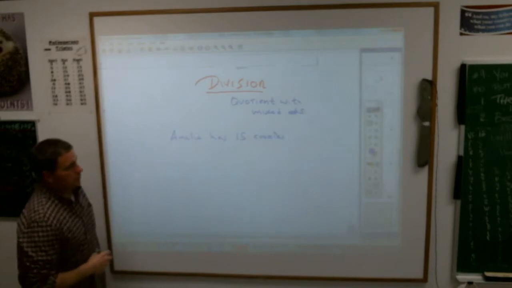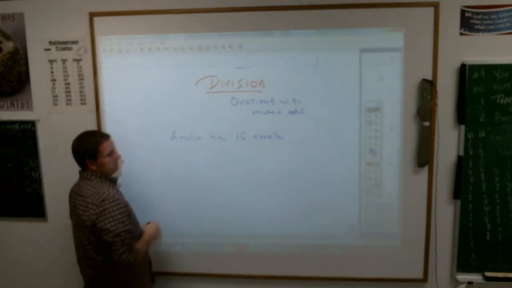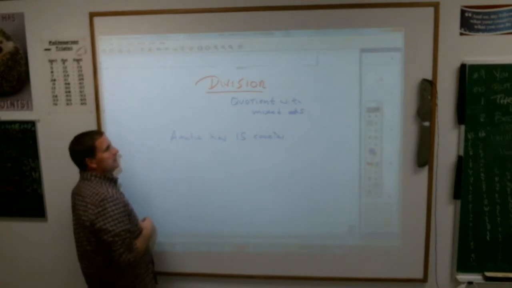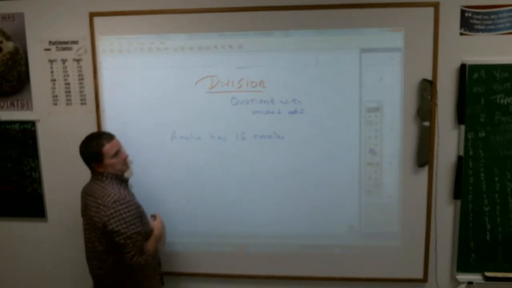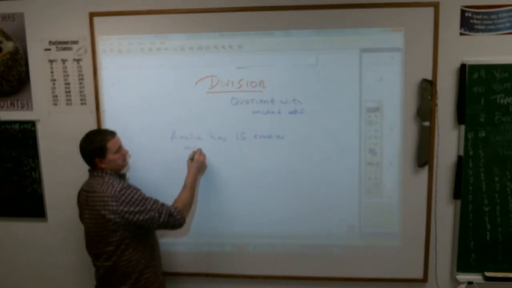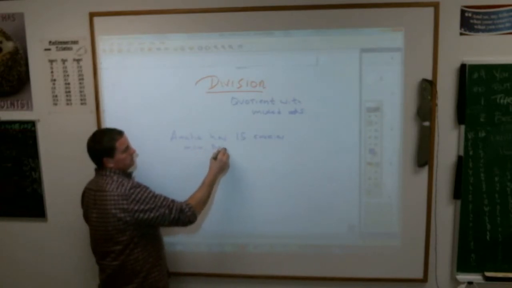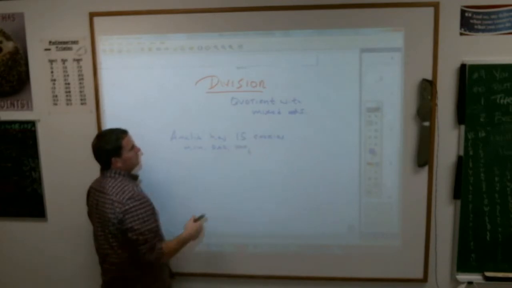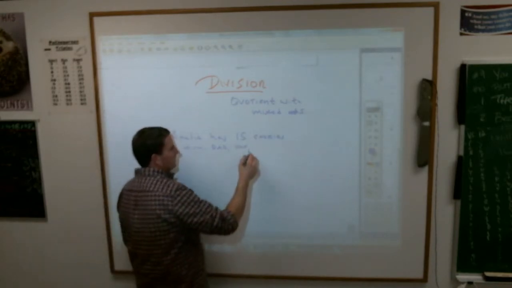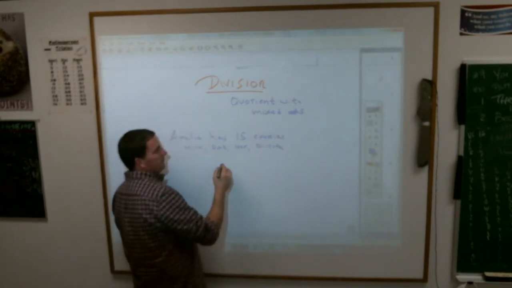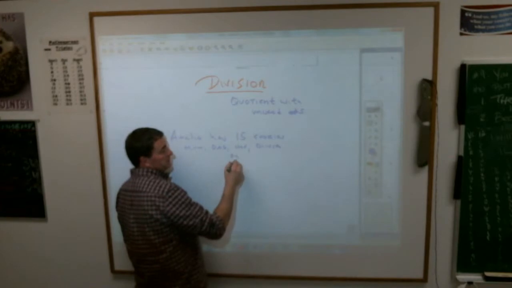Let's say Amelia's sister Isabel is gone. So she has her mom, her dad, her, and Amelia, your sister's name is? Olivia. Olivia, sorry. And she's splitting, and everybody gets an equal amount of cookies.